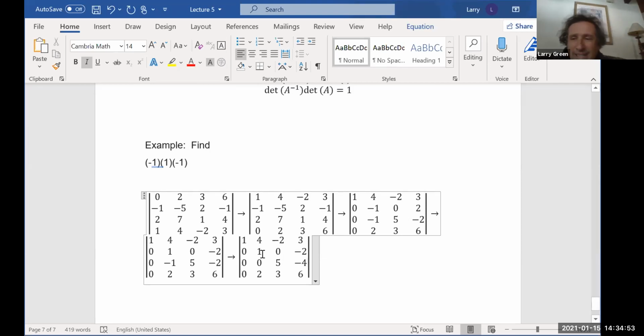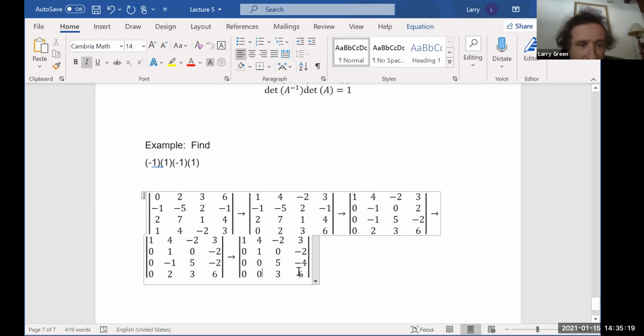And I like to do both at once because we're not changing the determinant by doing this. The third row op, we're just multiplying by 1. So then I'm going to take row 2, multiply by -2 and add it to row 4. That 2 becomes a 0. The 3 stays a 3.